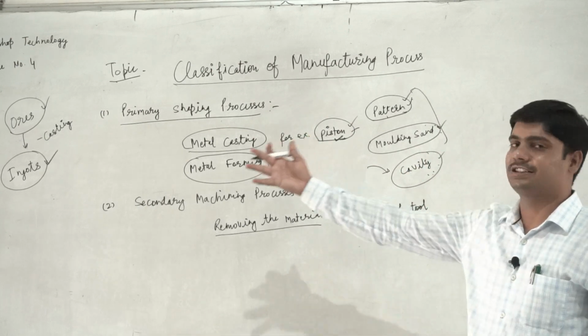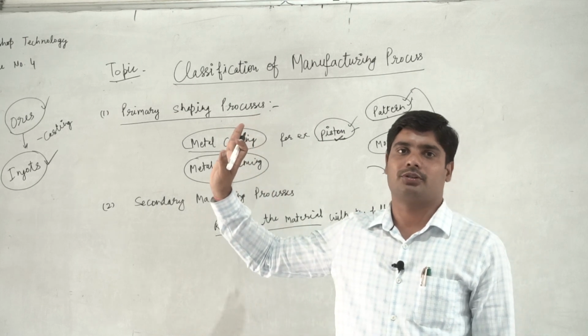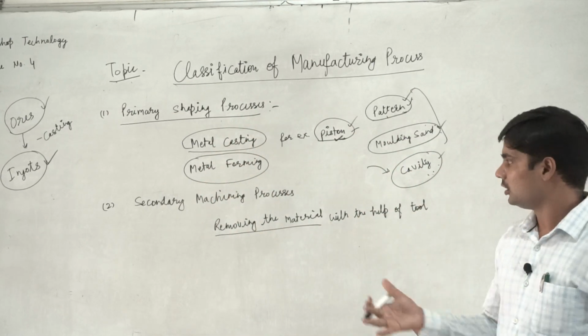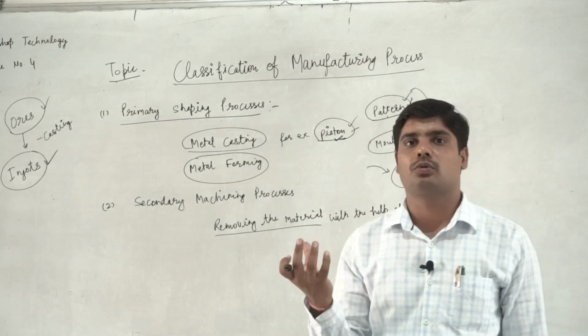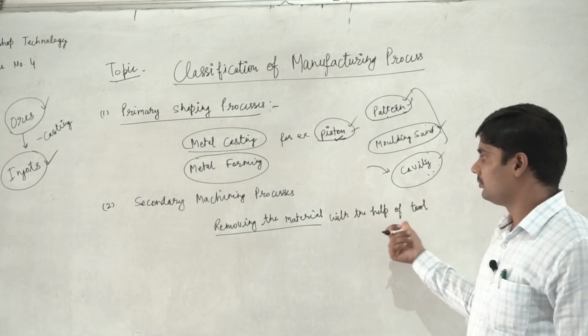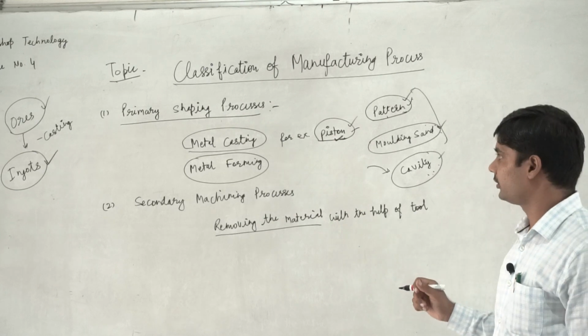So from large size blocks which are casted from the primary shaping processes, our machining process is done to extract a recognizable product, or you can say predefined shape, identified product from the help of machining processes.